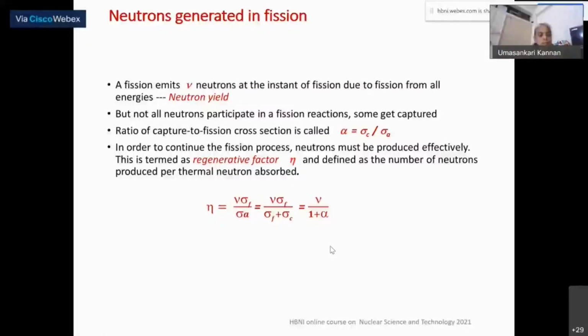One is the neutron yield, which is the number of neutrons emitted in a fission event due to fission from all energies. And then there is the regenerative factor eta, which is defined as the number of neutrons produced per thermal neutron absorbed.